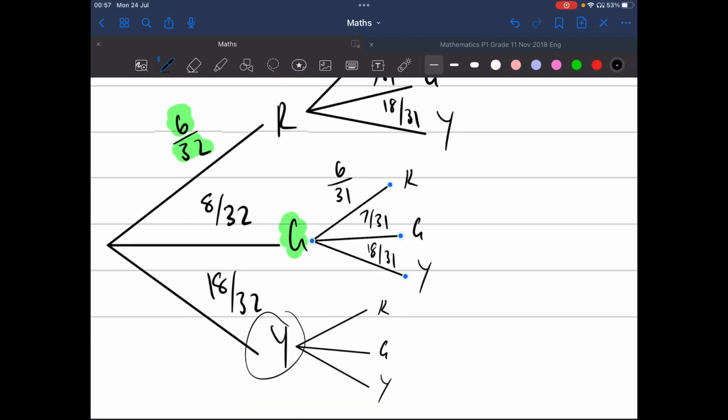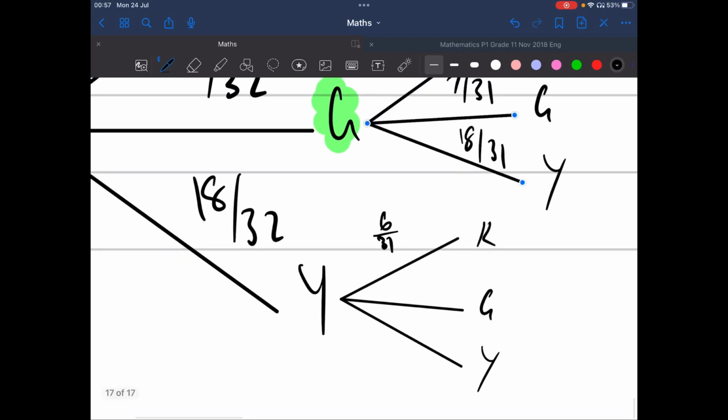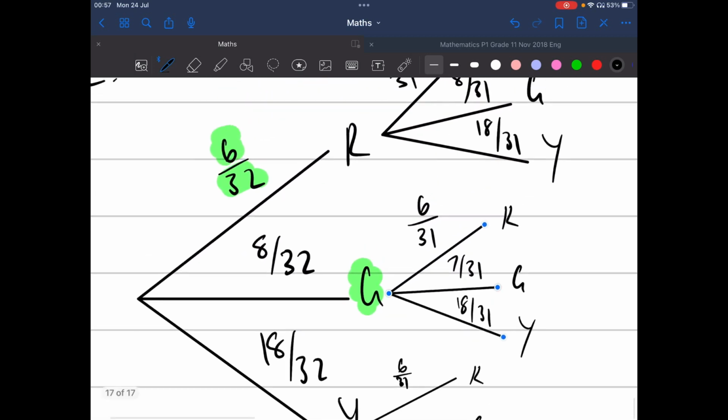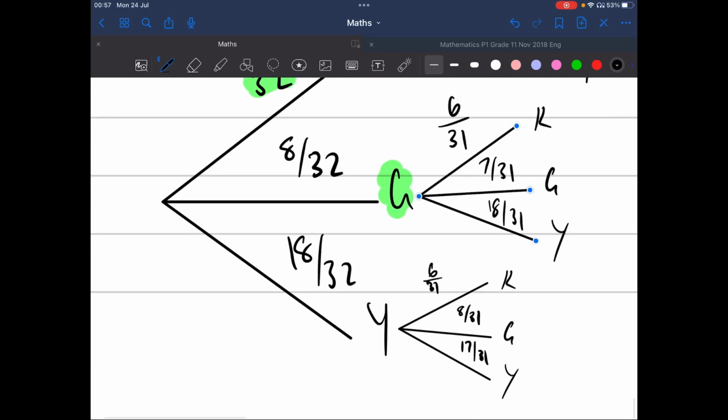Now let's say I picked yellow first. So now there's still the same number of red balls, so it's still 6, but now it's over 31. My green, again, nothing changed, so it's still 8 over 31. Yellow, now it's 1 less, so 17 over 31.